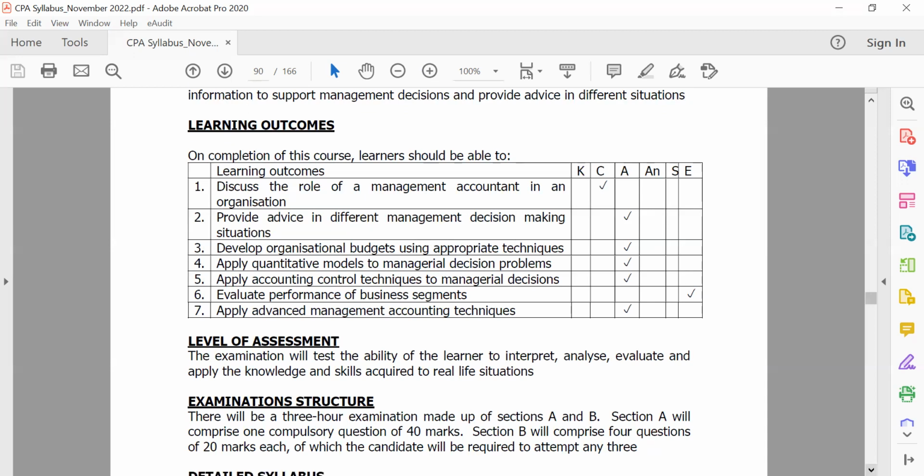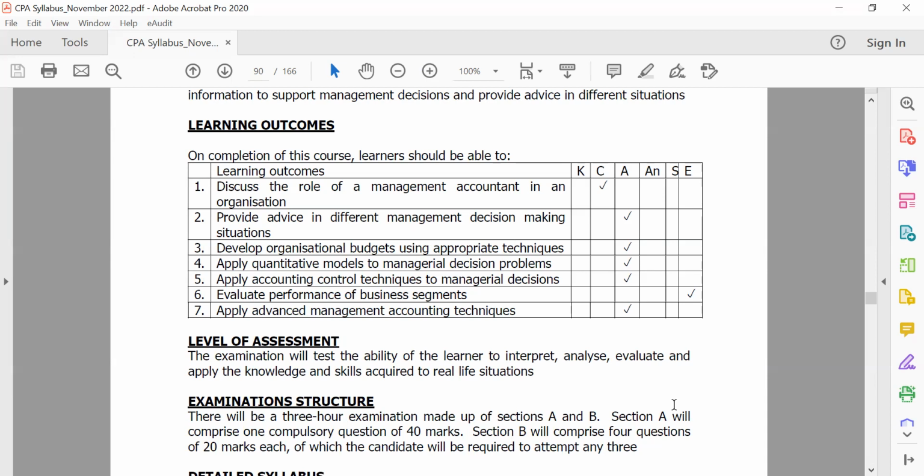So like any other paper on the CPA course, this paper is a 3 hour examination, which is made up of two sections, that is section A and section B. Section A comprises one question, usually a case study question, while section B comprises 4 questions, which are 20 marks each.